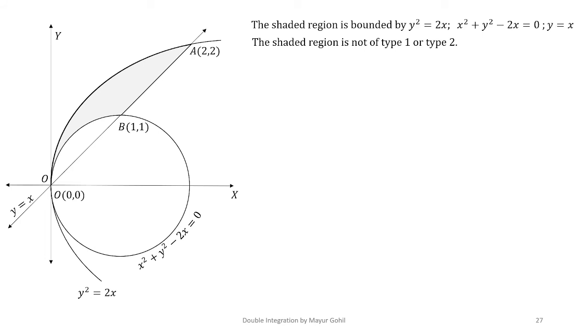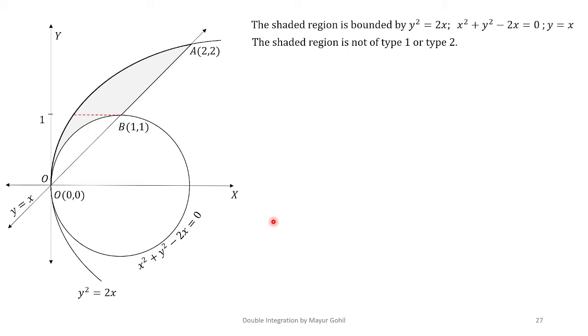Firstly, at the point B, since we are trying to see this now as type 2, and we know that it is neither a type 1 nor a type 2, the region splits over here. At B we draw a horizontal line, and this horizontal line cuts the y-axis at 1.